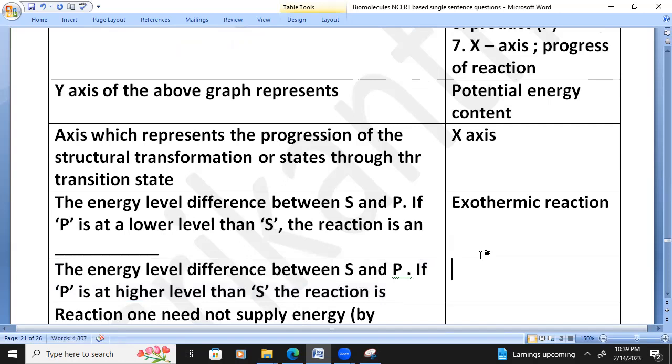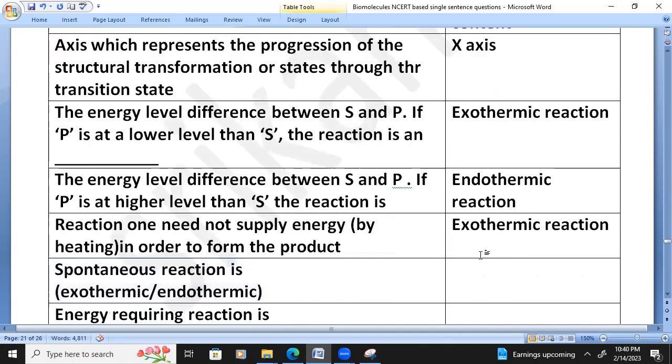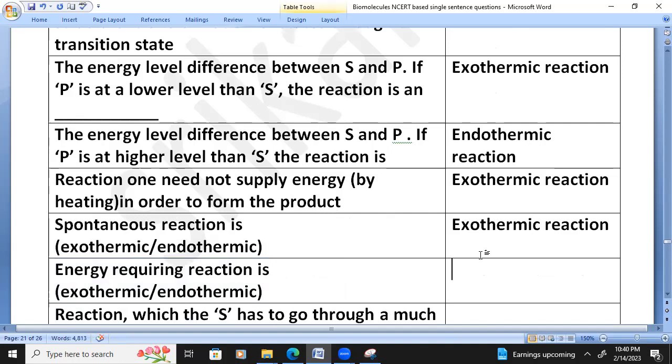Energy level difference between S and P: if P is at a higher level than S, the reaction is an endothermic reaction. In an exothermic reaction, one need not supply energy by heating in order to form the product. A spontaneous reaction is an exothermic reaction. An energy-requiring reaction is an endothermic reaction.